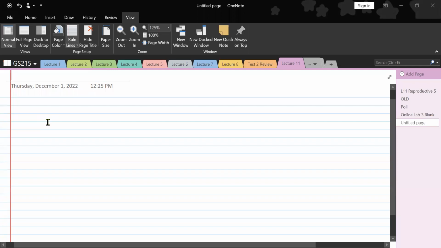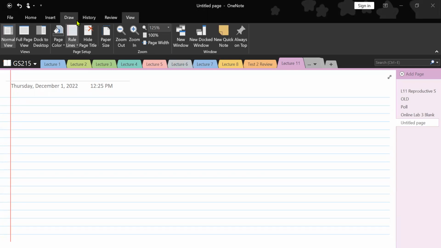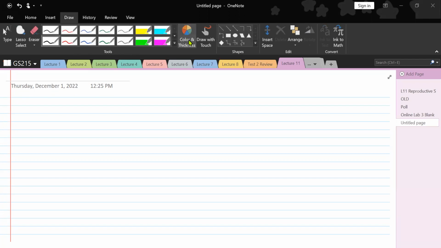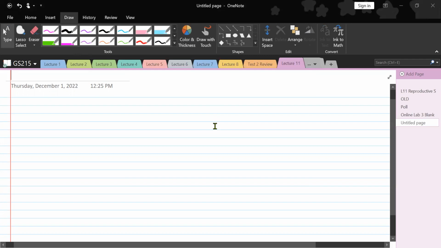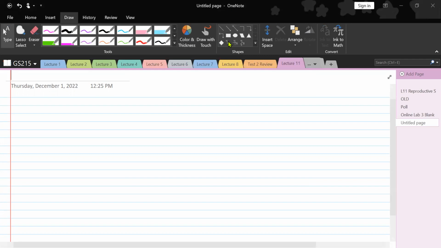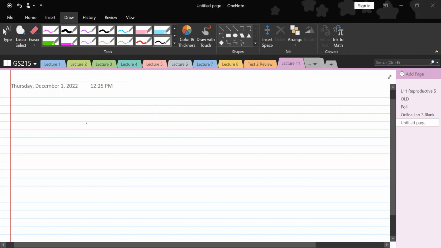Before we go into the actual reproductive system material, it's good to refresh our understanding of the relationship between the hypothalamus and the pituitary gland. If you recall, if this is your head, your pituitary gland and hypothalamus are somewhere right here.